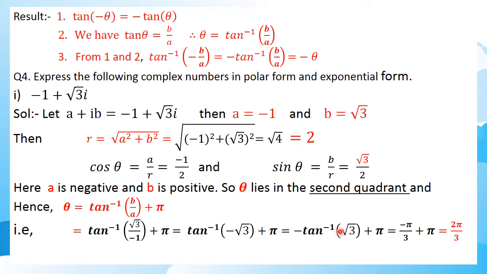From this result we will get minus of tan inverse root 3, which is equal to minus pi upon 3, plus pi, is equal to 2 pi upon 3. So we got the value of theta 2 pi upon 3.